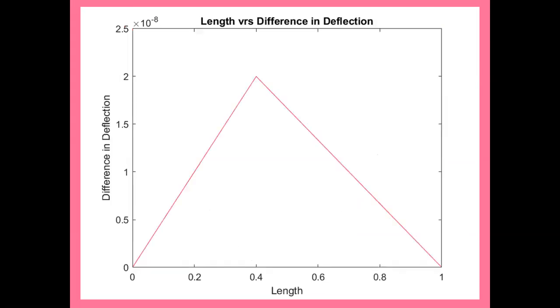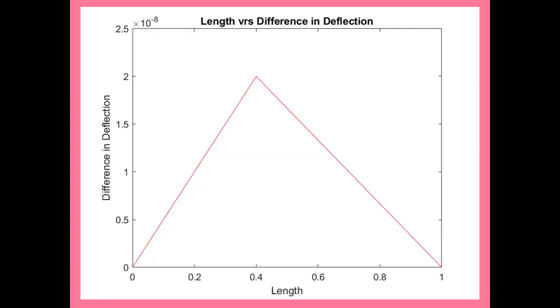Now this plot shows the difference in the deflections along the length, and as you can very well see, the difference has been plotted along the y-axis. And have a look at the scale also. The maximum difference is 2 into 10 raised to power minus 8 meters at a location of x equal to 0.4, which is almost a negligible difference.